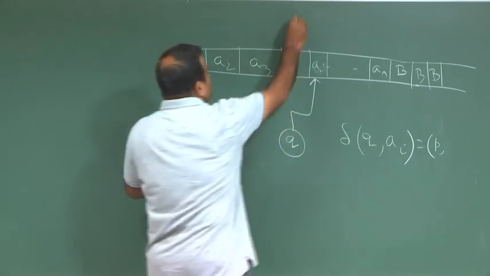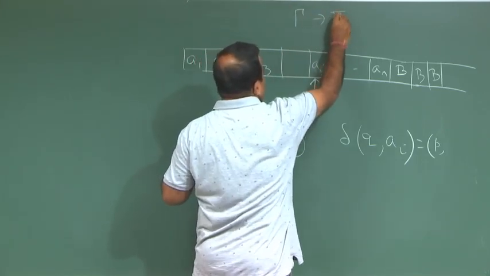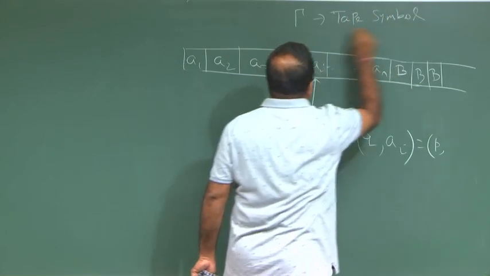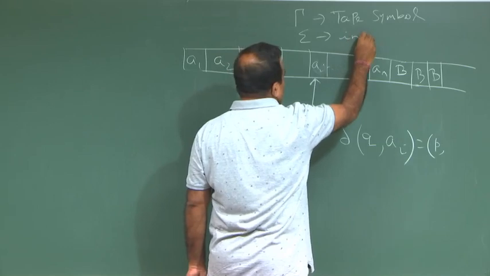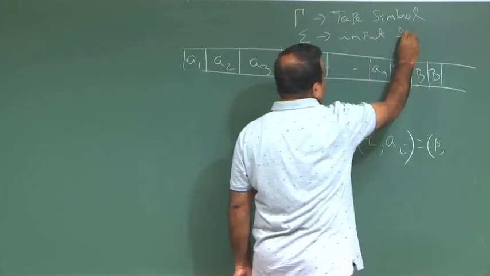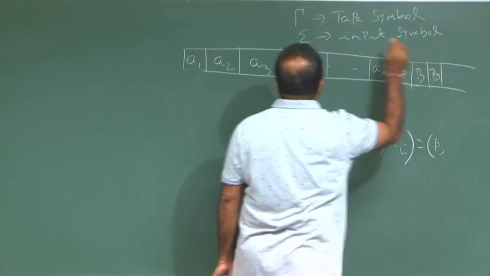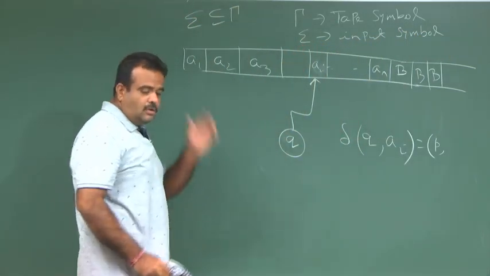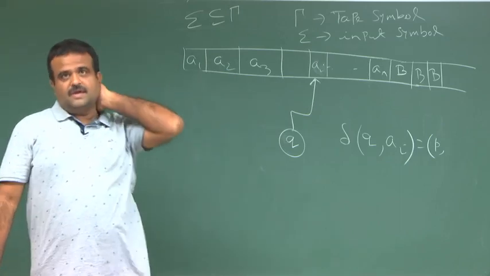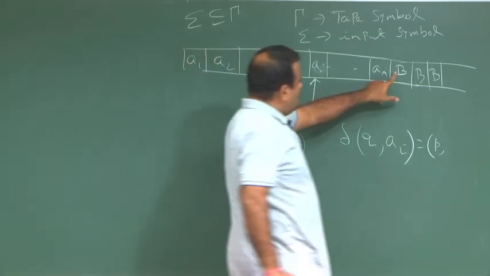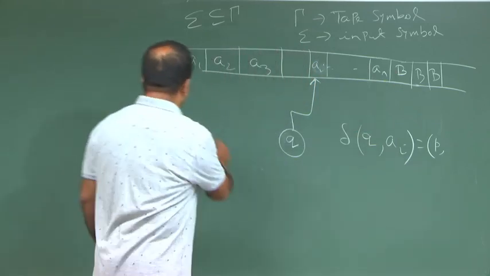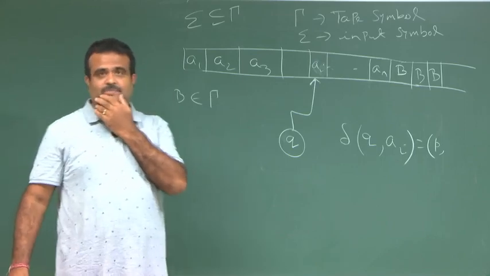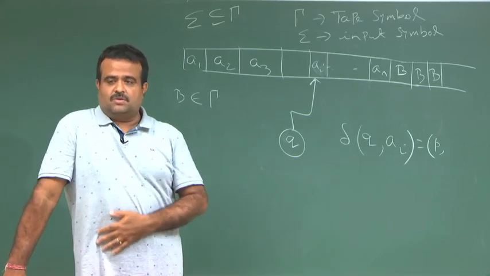So, there are two concepts: one is the tape symbol and another is the input symbol. The input symbol set is a subset of the tape symbol set, but not all tape symbols are input symbols. The blank symbol is a special symbol which is a part of the tape symbols but not of the input symbols.